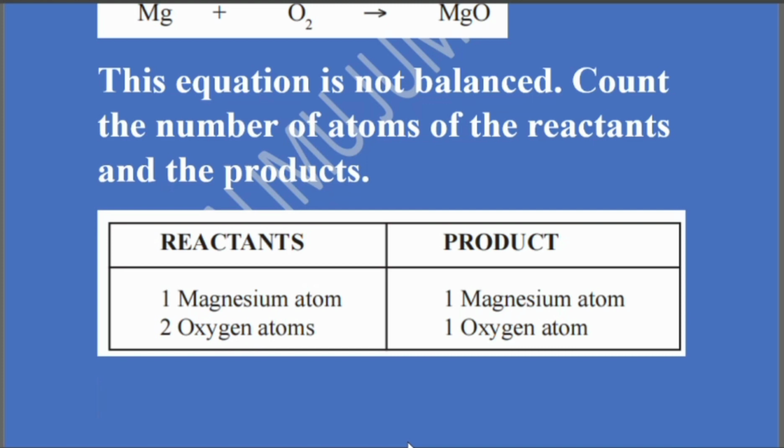So we want to balance them so that the number of magnesium atoms on the reactant side is equal to the number of magnesium atoms on the product side, same as the number of oxygen. You can see that the magnesium on the reactant is one atom, and on the product side it's also one atom. But when you look at the number of oxygen atoms on the reactants and on the product, they are not the same.